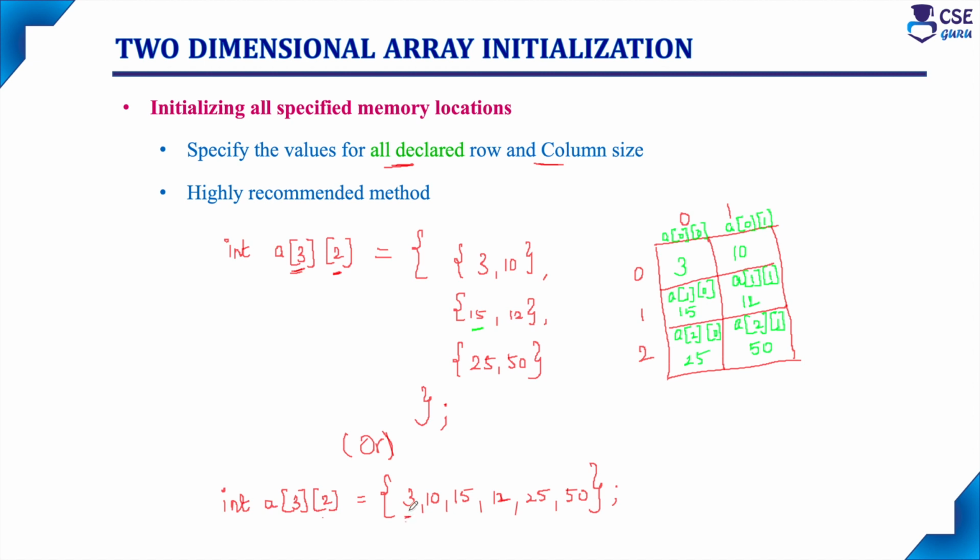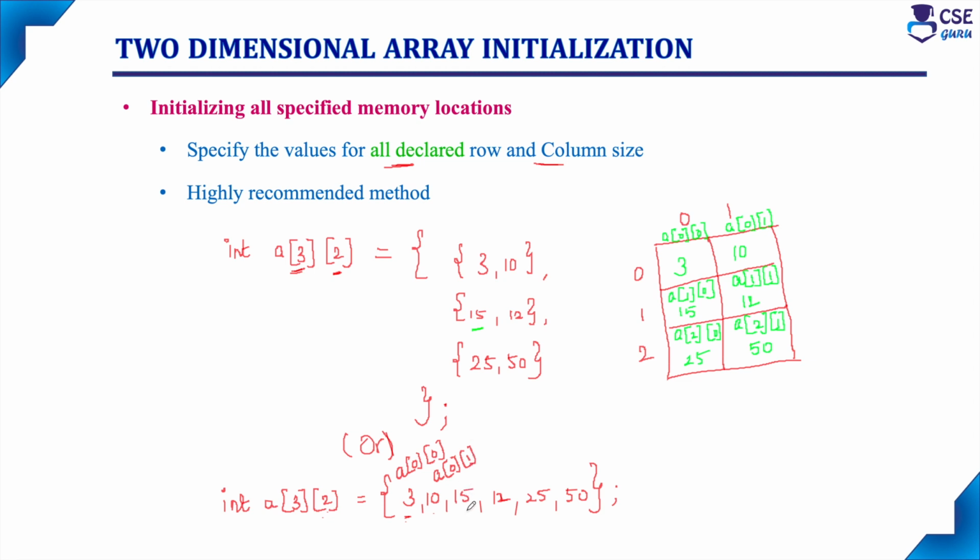So the first index is the 0th row and 0th column. That is, this is a of 0, 0. The next value is a of 0, 1, column value is 1.